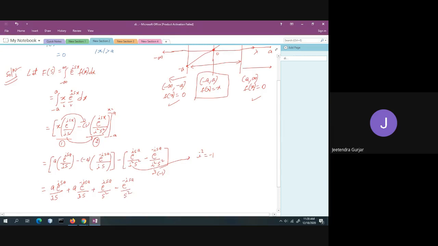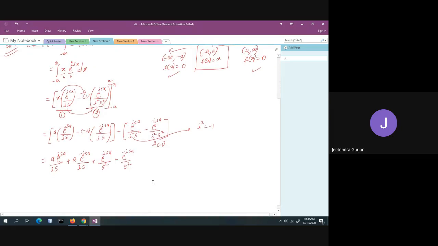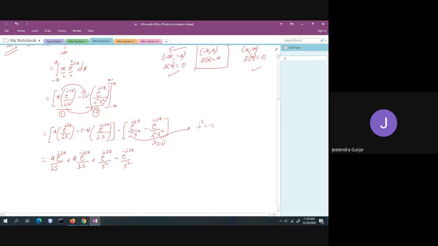So that you don't get confused here, students, once again I will tell you, this is very important. Here you can see there are three minus signs. One minus is outside the bracket, one minus is here, and another minus is because of this i square. Am I right? Because of this i square I have taken this minus 1. So don't get confused. Minus into minus is minus. Is it clear? Many of them will make a mistake here, so don't make this mistake, students.